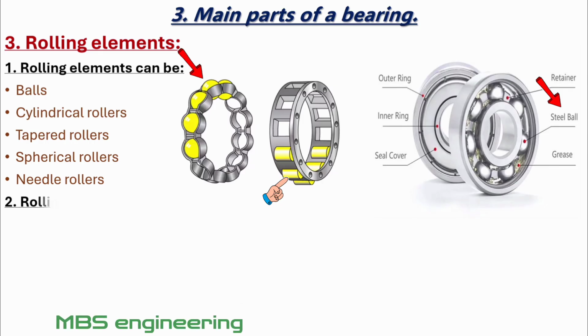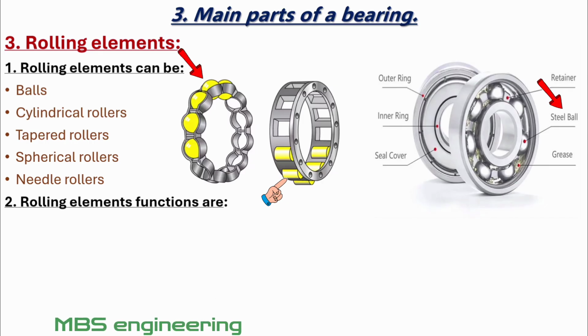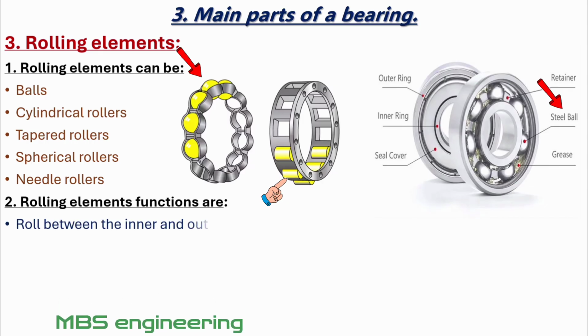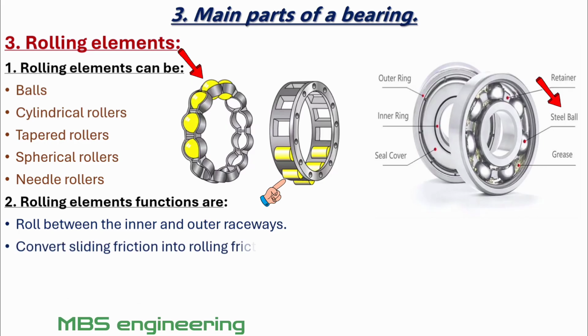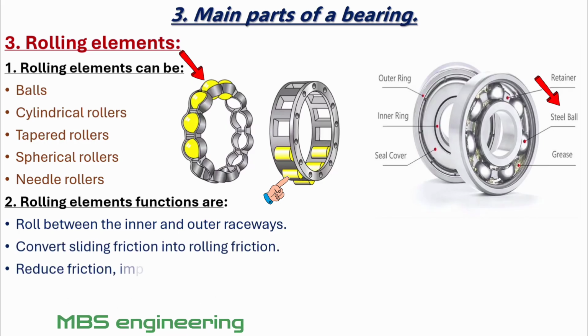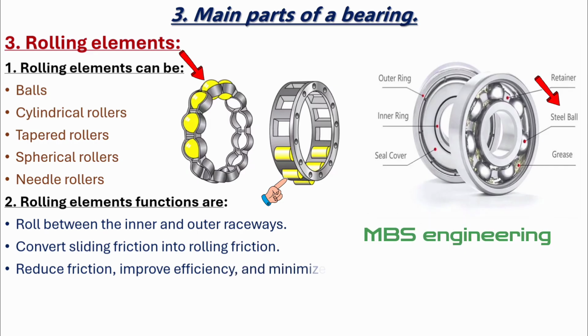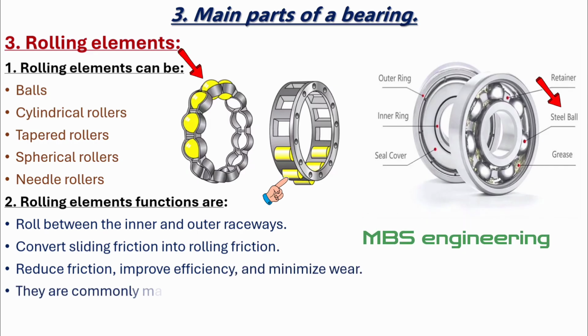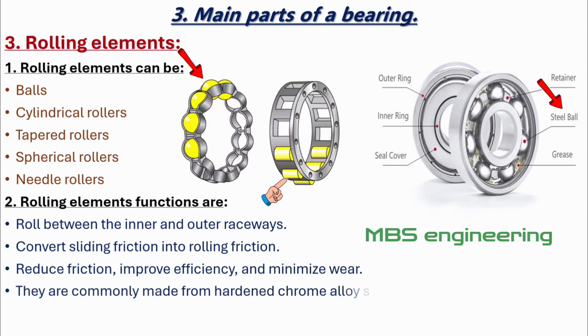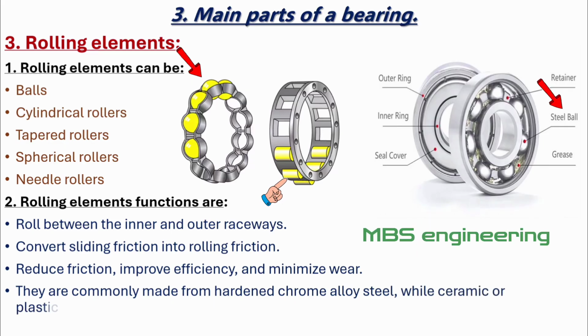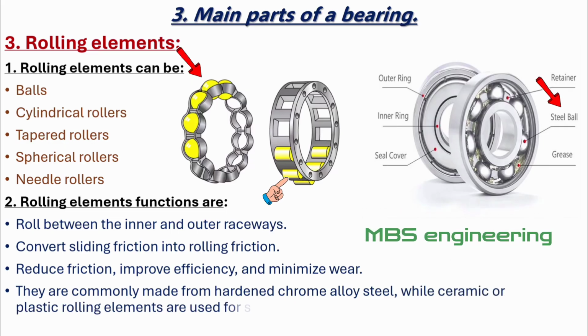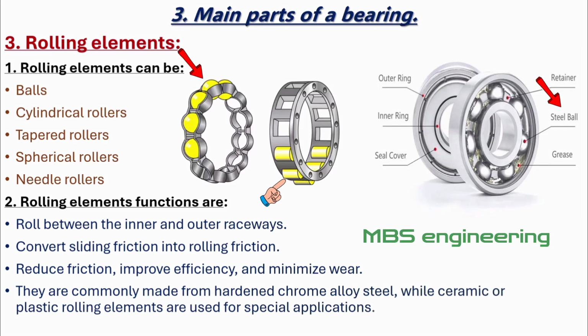Their functions are to roll between the inner and outer raceways. It converts sliding friction into rolling friction, to reduce friction, improve efficiency, and minimize wear. They are commonly made from hardened chrome alloy steel, while ceramic or plastic rolling elements are used for special applications.